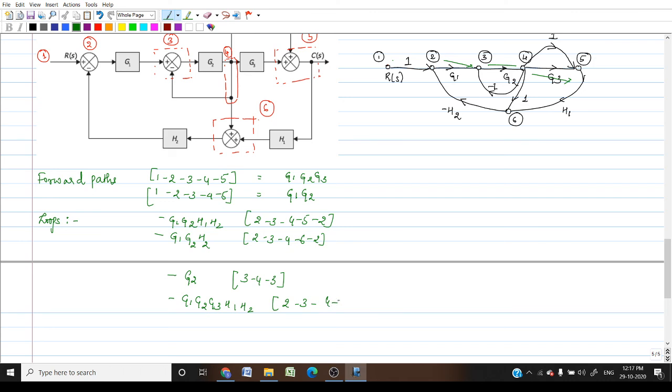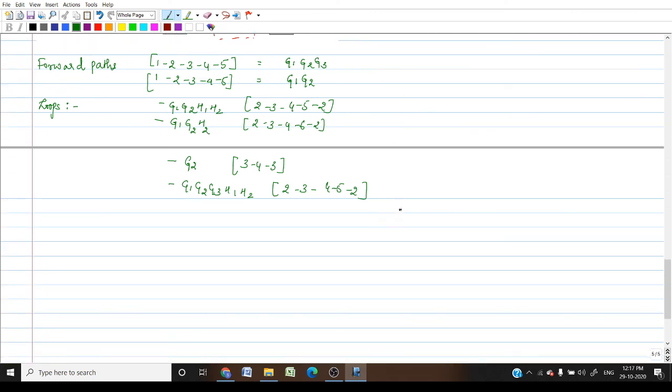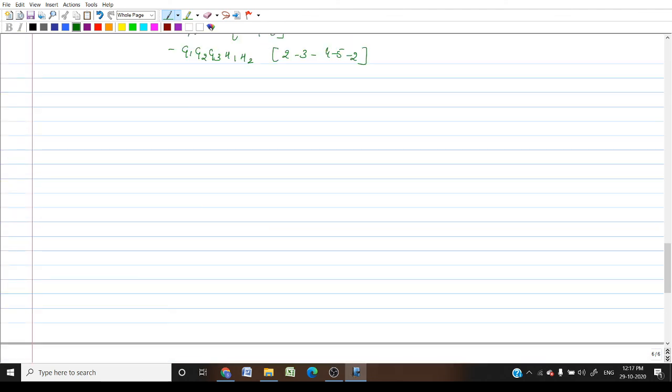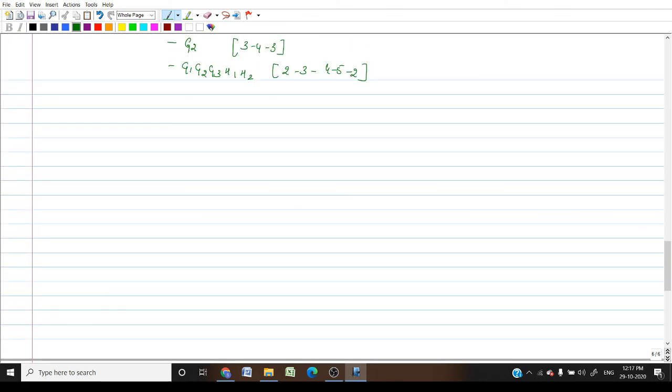This is G1, G2, G3, H1 and H2. So here delta 1 and delta 2 values will be 1. Delta 1 is equal to 1 and delta 2 is also equal to 1.